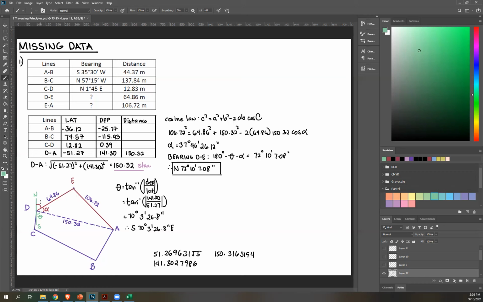Actually, let's call this beta. Ito na lang yung beta. Yeah, 72 degrees, 10 minutes, 7.08 seconds east. Forgot the E. Correct.